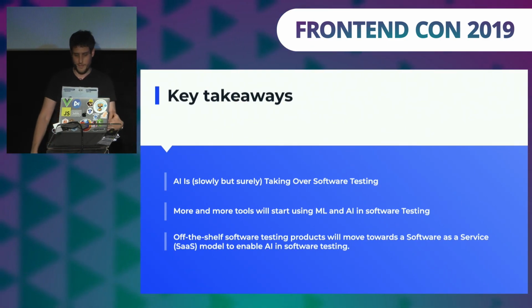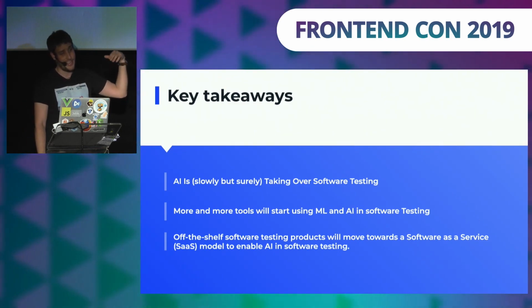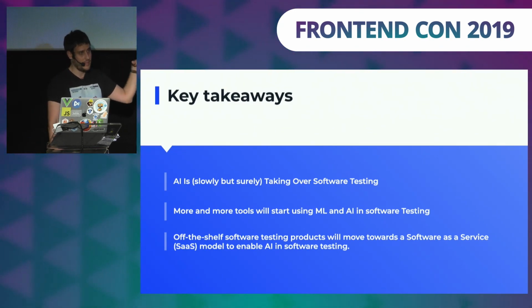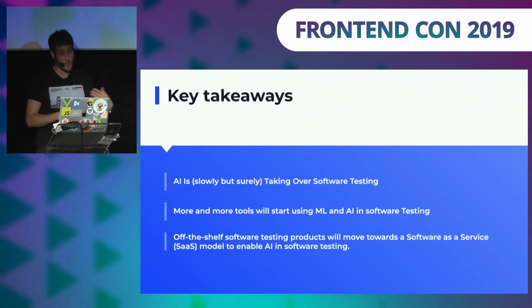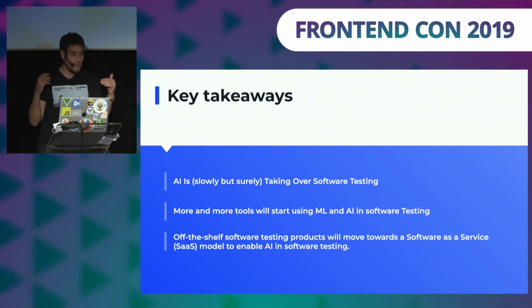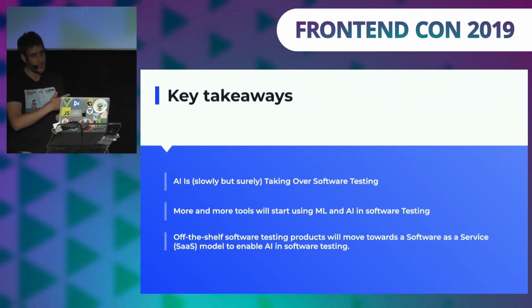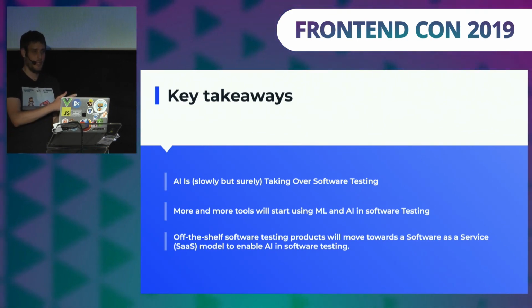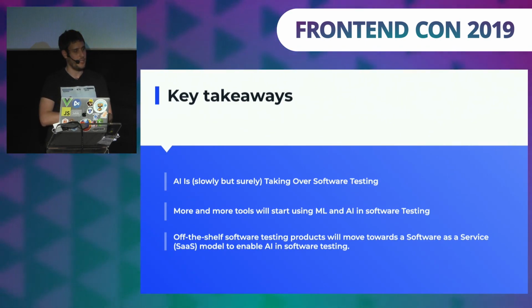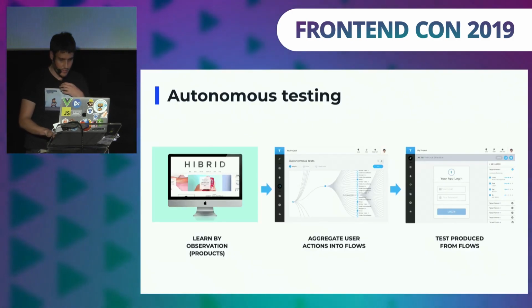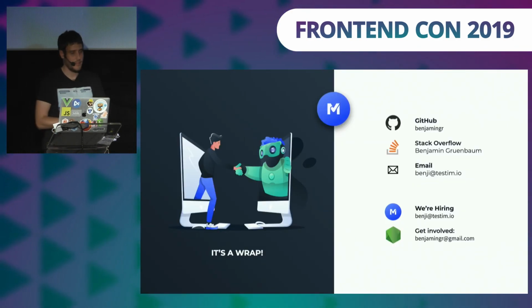So if we have a trend of using AI and ML in non-testing, that trend is going to come to software testing. And off-the-shelf software testing products are going to move to a model that lets them process your data on the cloud in order to perform machine learning to enable that change in testing software.